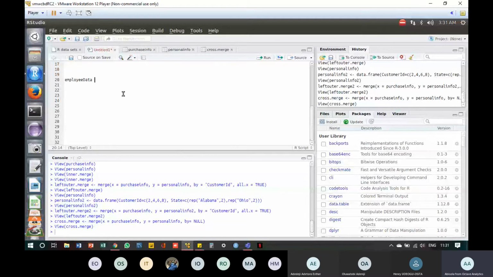The first column is the subject column, and in the subject column we have Andrew.